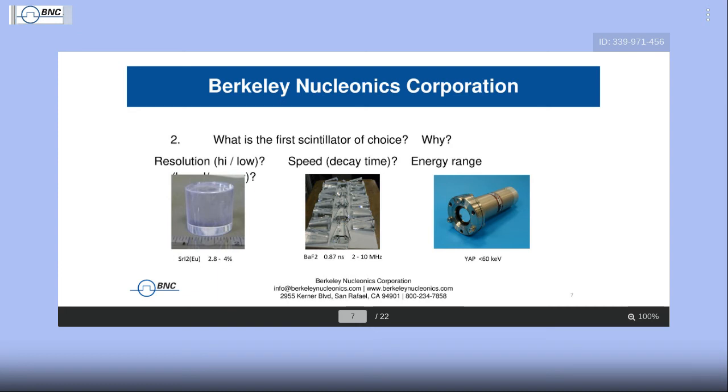Speed is very useful if you know that you're going to be in a very active setting and there are going to be many counts per second. Then you're going to need something that can respond, and so you want something with a very short decay time. This means that it lights up very fast, but it also disappears very fast, so you won't get what's called a pileup on the screen. Some of the fastest is, for instance, barium fluoride, which we have an image of there.